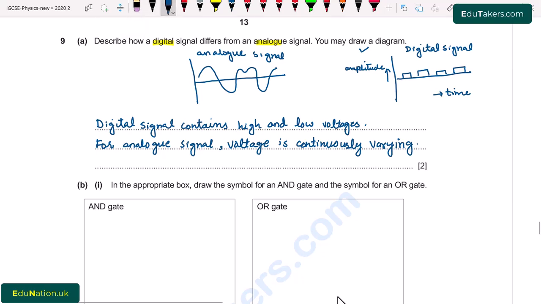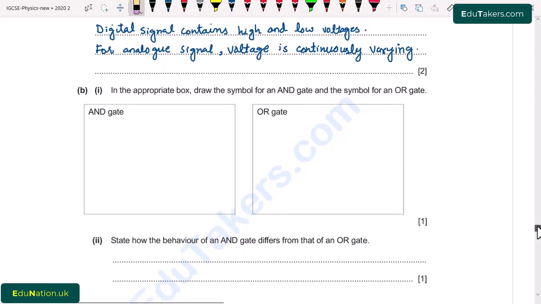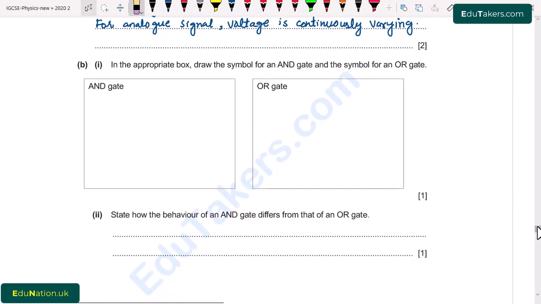So part B 1. In the appropriate box, draw the symbol for an AND gate and the symbol for an OR gate. Here we have to draw the symbol for AND gate and for OR gate. So we know that symbol for OR and then AND gate is just like this.